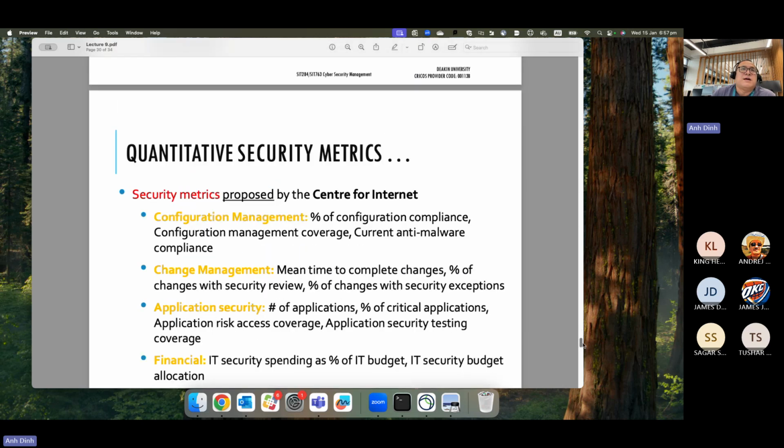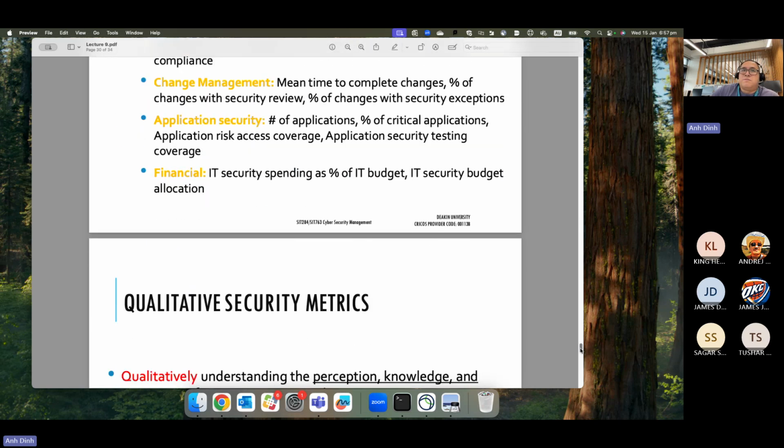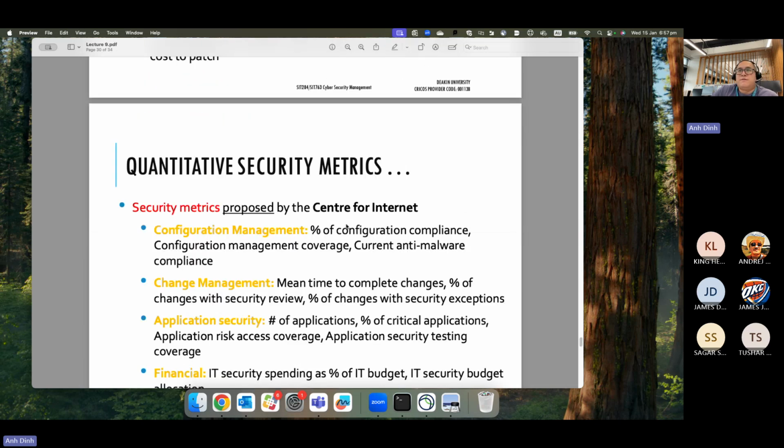There are some other examples of quantitative metrics, also proposed by the Center for Internet Security, and they're related to the other components of the cybersecurity program, like application security and financial and change management. If you think of any other important component, there would be a different metric to measure them, right?